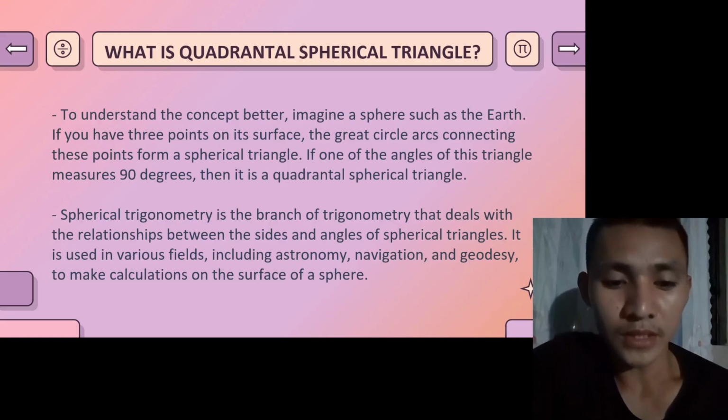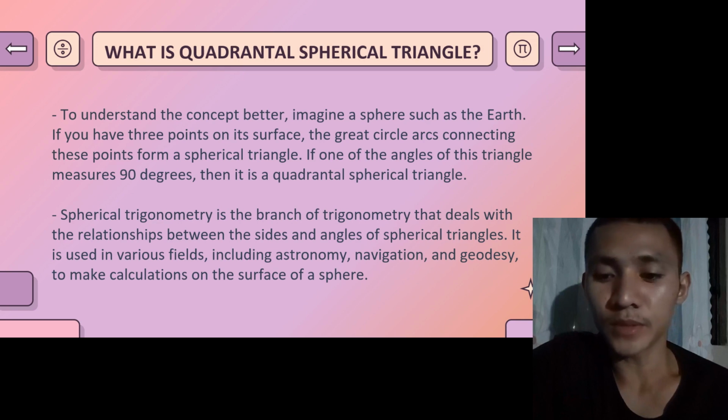Quadrantal spherical triangle. To understand the concept better, imagine a sphere such as the Earth. If you have 3 points on its surface, the great circle arcs connecting these points form a spherical triangle. If one of the angles of these triangles measures 90 degrees, then it is a quadrantal spherical triangle.